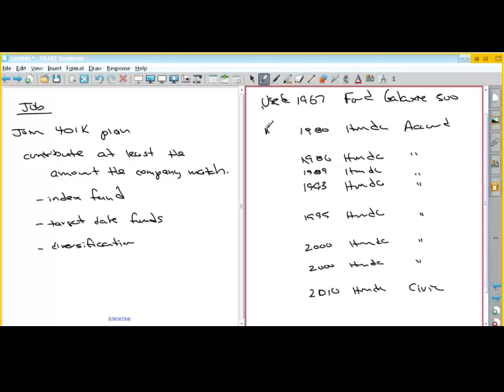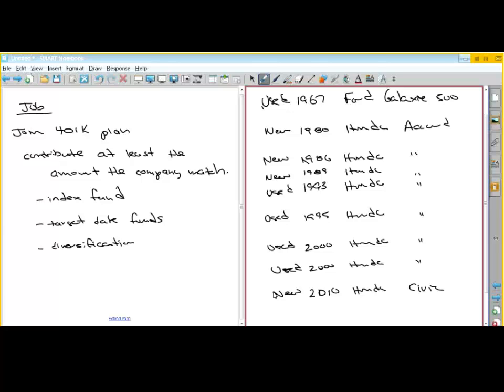So here's the used versus new. Okay, so you don't always have to have the newest car. You can buy cars that are used.